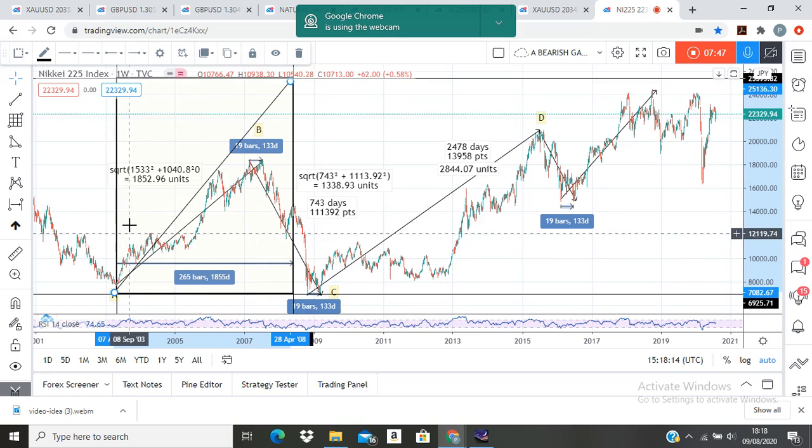The sides are 1852.96, so the diagonal will give us a value of 1852.96 times 1.4142. That gives us a value of 2620.